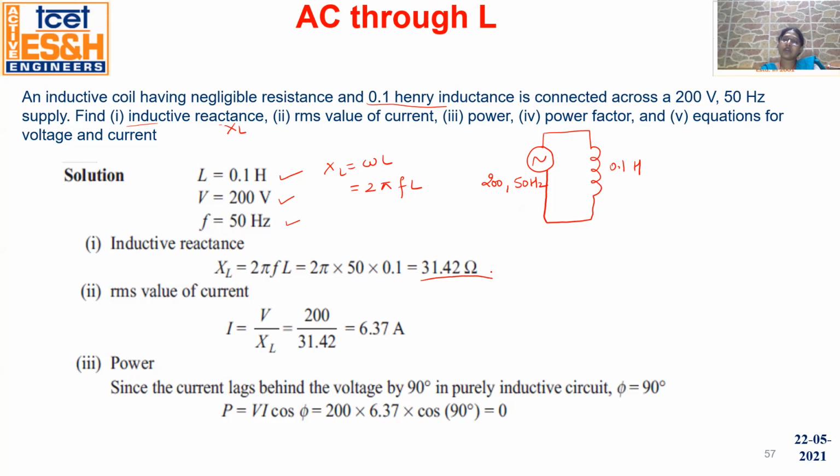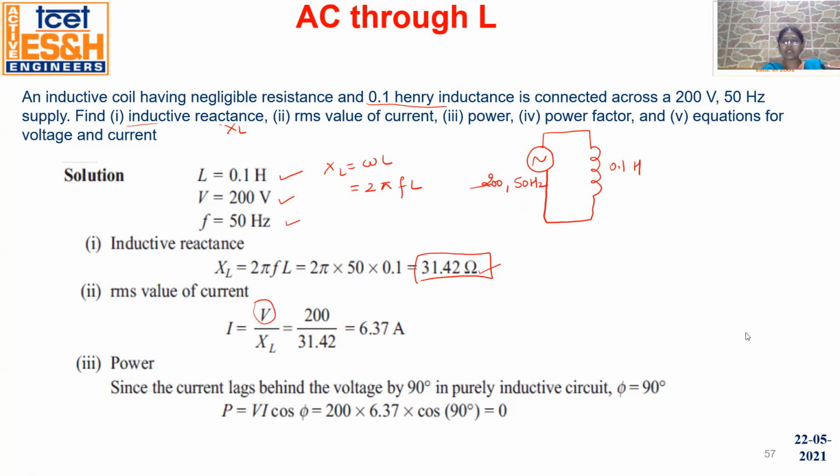The equation gives XL as 31.42 ohm. Now the RMS value of current. The RMS voltage is given as 200, so 200 divided by XL, which is 31.42 ohm. So this is 6.37 ampere.